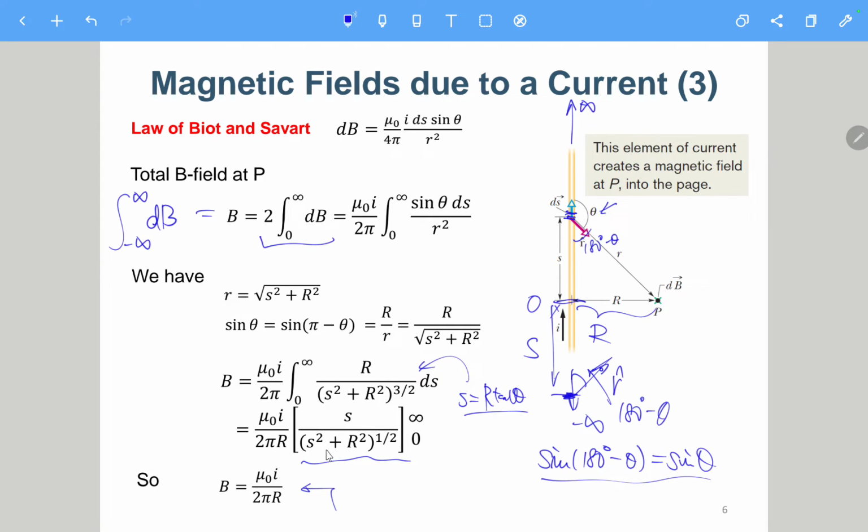So if we plug in s to be 0, it is nothing but 0. If we plug in infinity, it should be 1. So it is 1 minus 0, which is 1. So finally, B is this expression. Okay. So far, any questions?